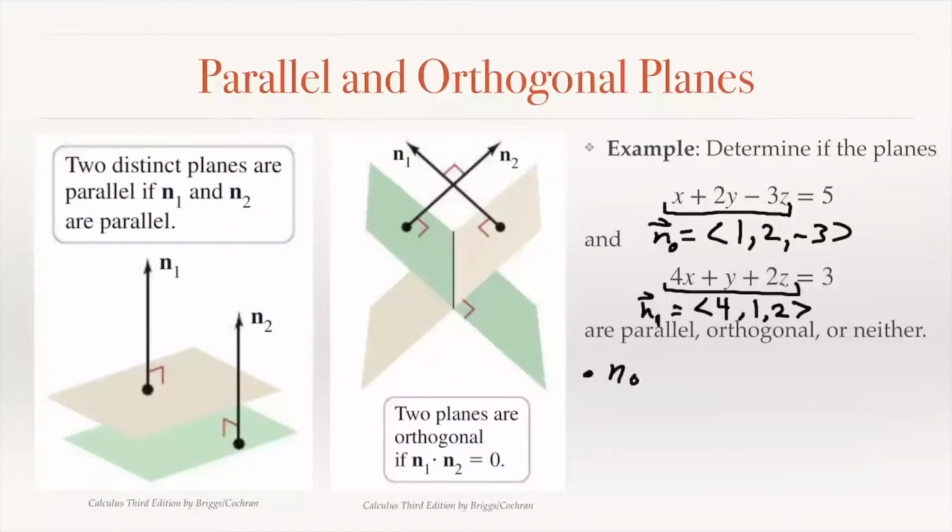So we know that n naught and n1 are not parallel because they are not scalar multiples of each other.